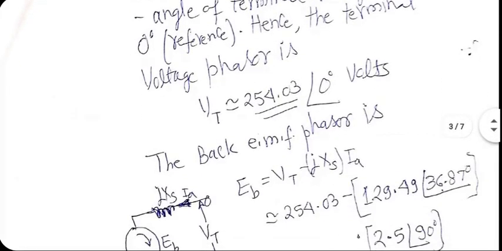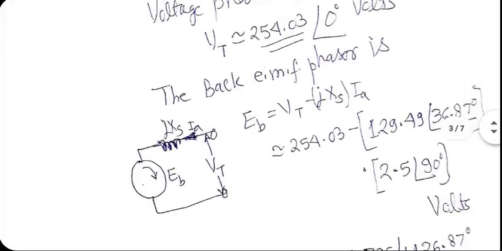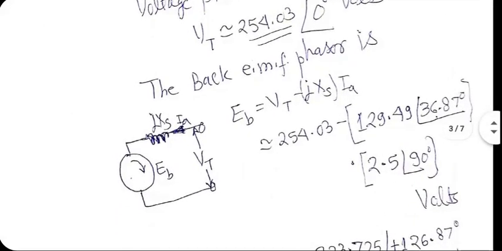Now you calculate back EMF as VT minus jXs IA. It's per phase, of course. You need to plug in all the values carefully.